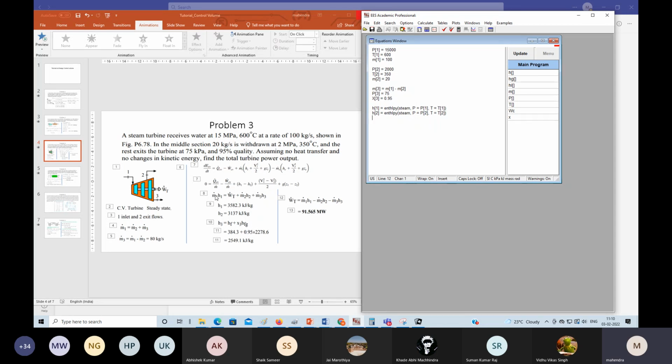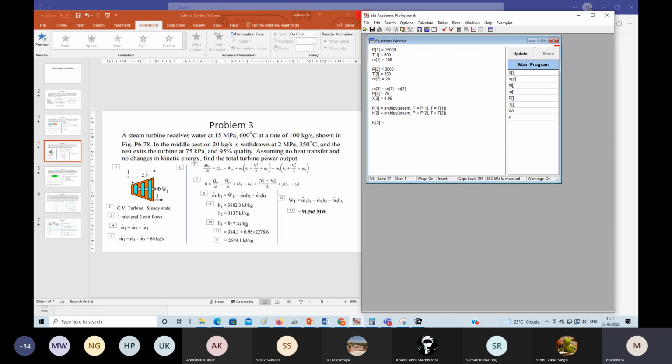H3 is actually not any saturated liquid or saturated vapor. H3 is with a certain dryness fraction. Yes. So what we need to calculate over here? HF, saturated liquid enthalpy, we have to calculate, and saturated vapor enthalpy. Then we can get this. Then let us do that.